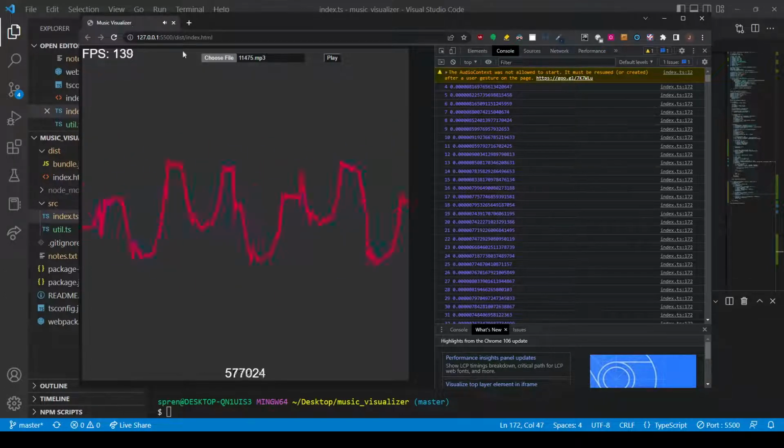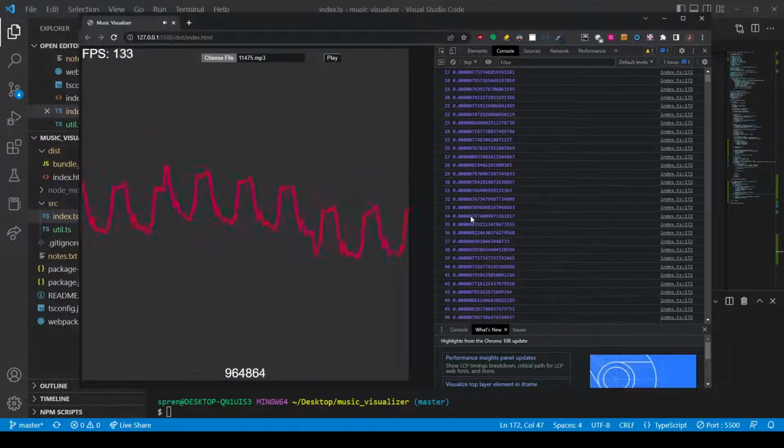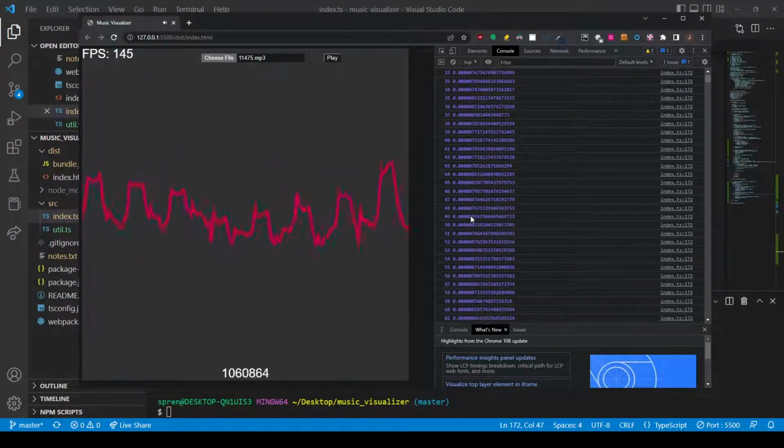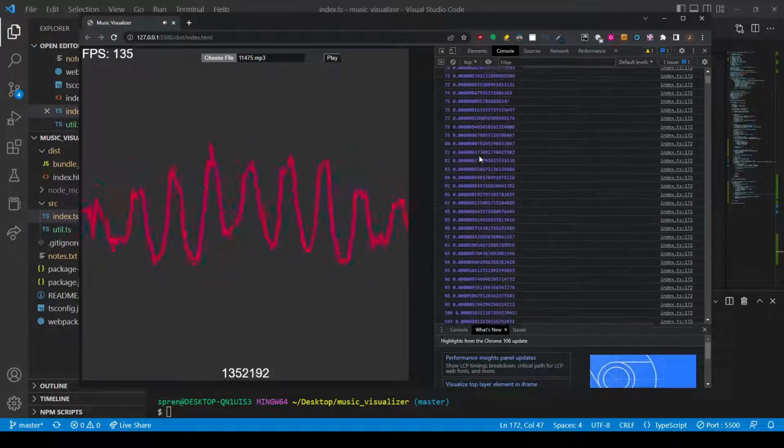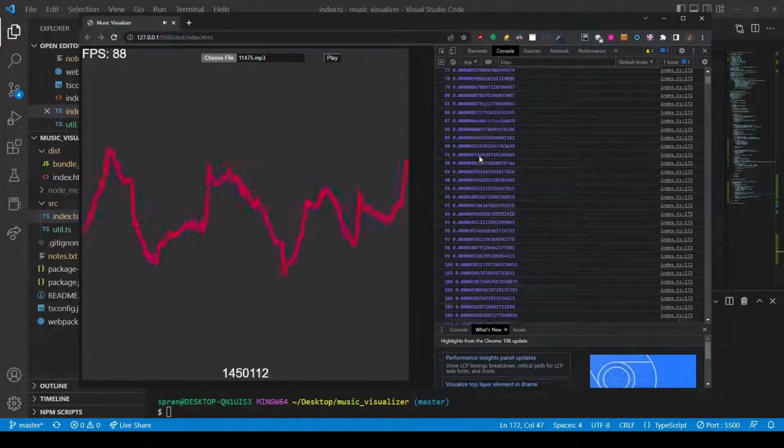What do we see? We see a lot of very small numbers.